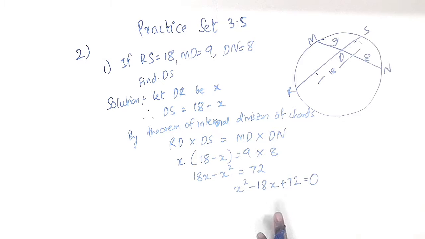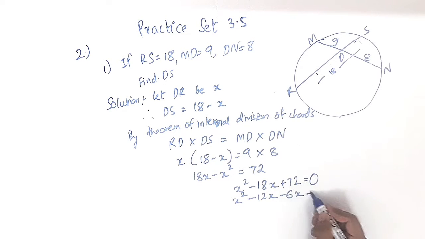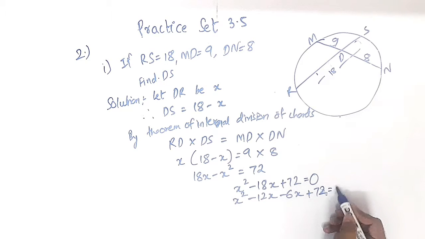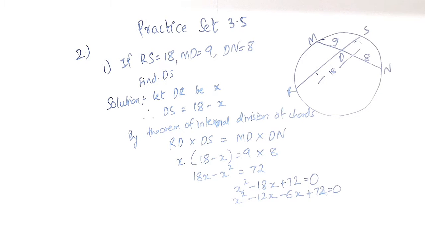So you can see we got a quadratic equation. So 18 and 72. What are the factors of 72 that will give you 18? They are 12 and 6. Minus 12x minus 6x plus 72 equals to 0.